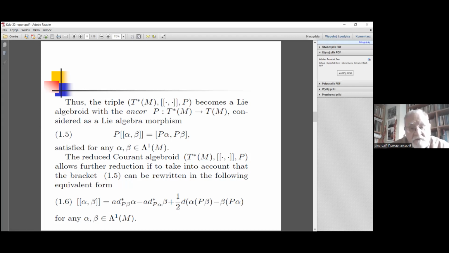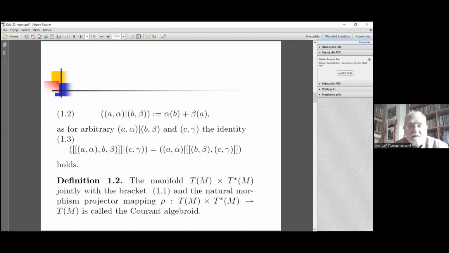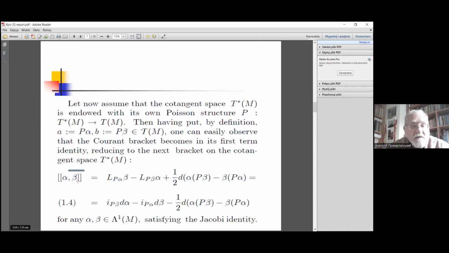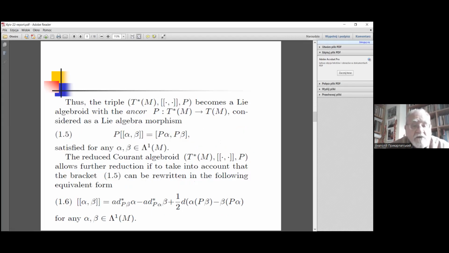Here we have the alternate coadjoint action of P alpha on beta, and the following component, the exact form component, which is left from this definition of the bracket on the cotangent space.